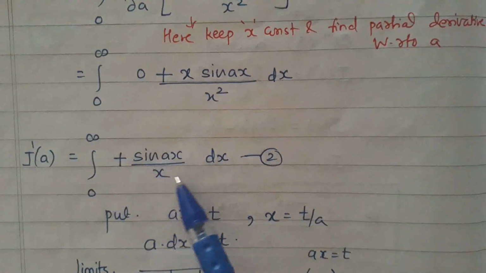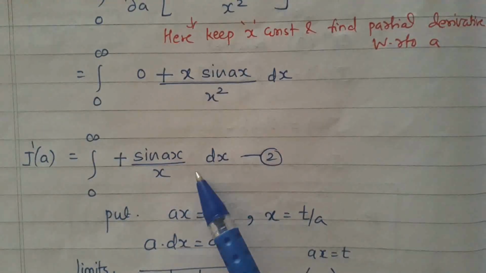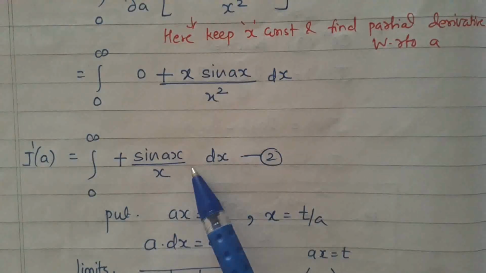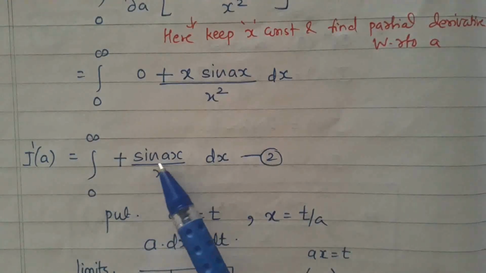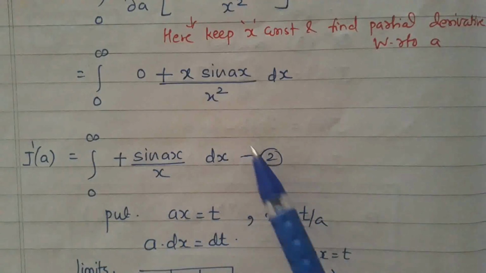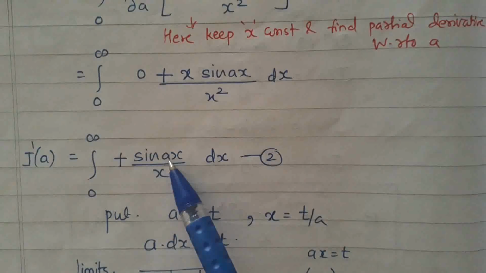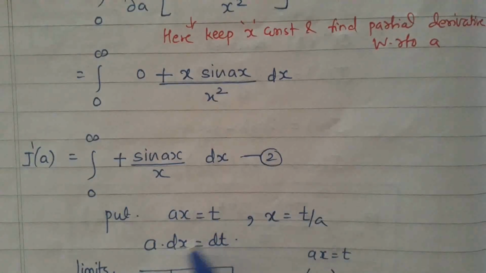Now if you observe this integral, we have to use the given data here in the evaluation of this integral. We are given that integral 0 to infinity sin x upon x dx is equal to pi by 2. So to reduce this into the standard form, use the substitution ax is equal to t.